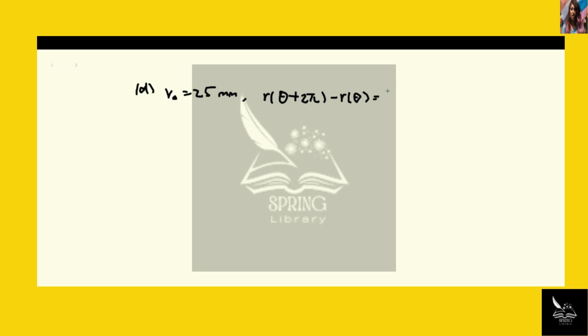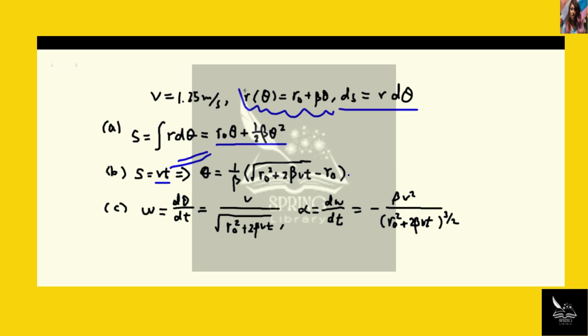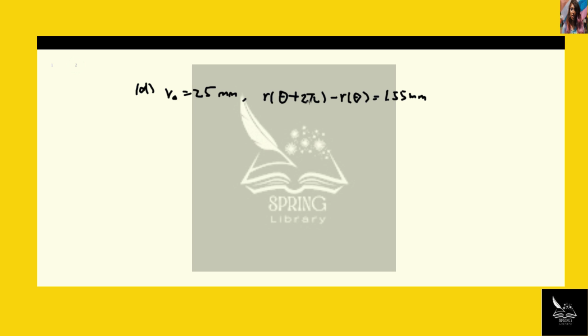This is given as equal to 1.55 millimeters. So if you plug in the expression for r, we'll see that r of theta plus 2 pi minus r of theta is simply 2 pi beta.